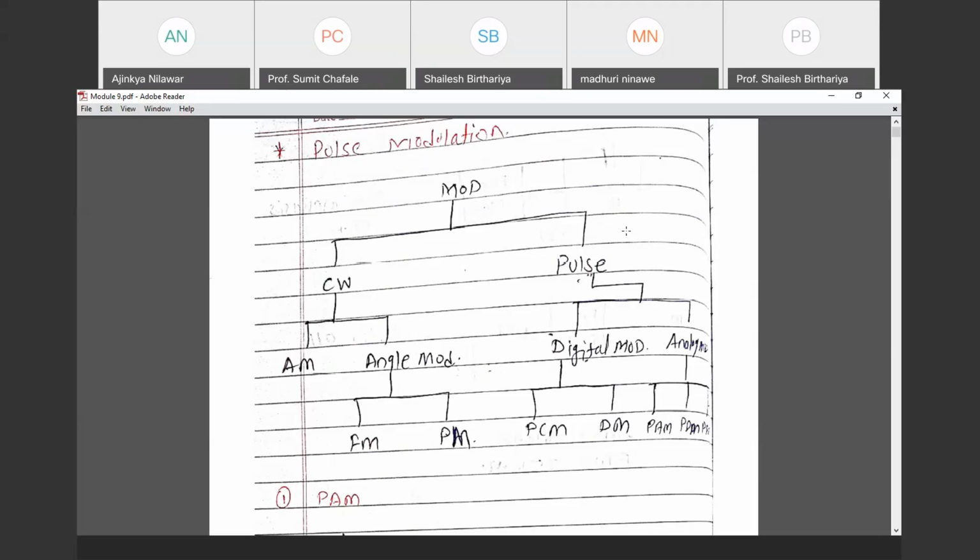So in the case of DPCM, what happened? 2 bits per sample are transmitted from transmitter to receiver. So as compared to PCM, the bandwidth requirement is less. Still we require less bandwidth. So instead of 2 bits, we are sending 1 bit per sample in the case of delta modulation. Hence, the number of bits will reduce.